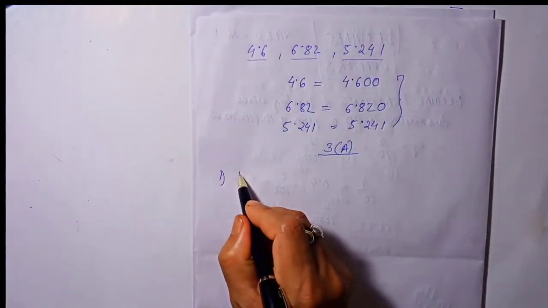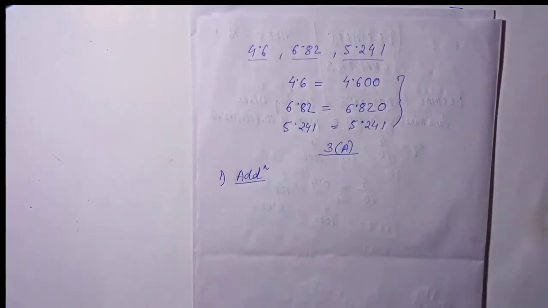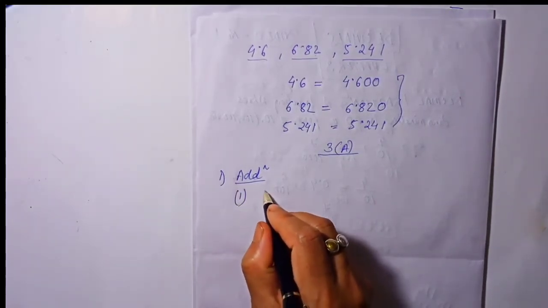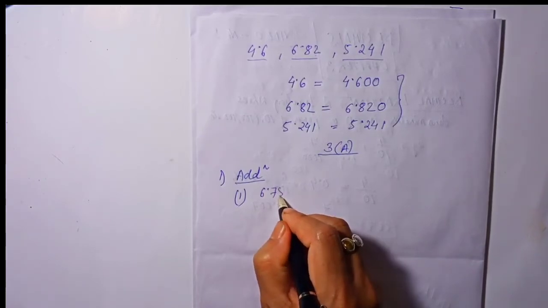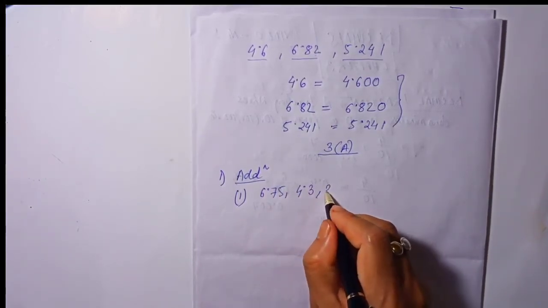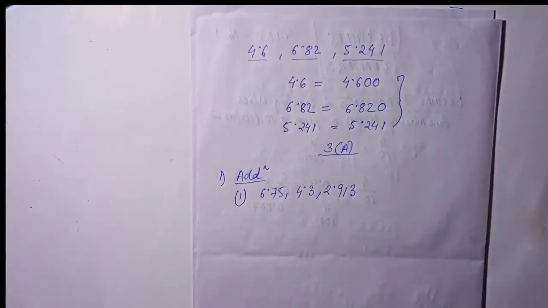Question number 1 is addition. First question I'm doing. We are saying that 6.75, 4.3, 2.913. Okay, we got these numbers.